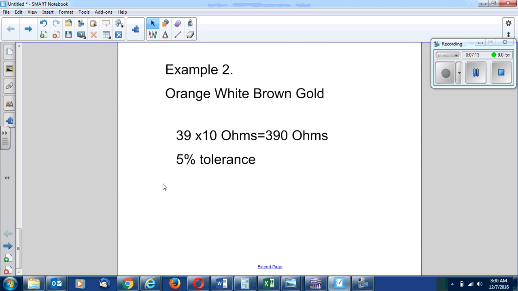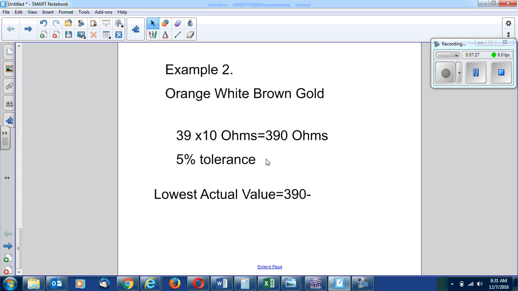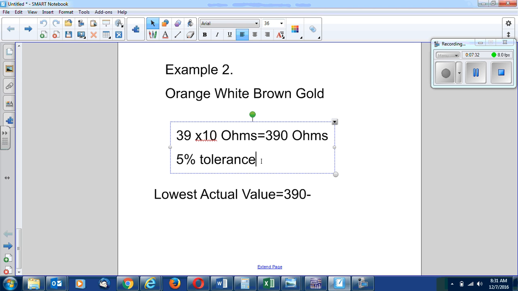All right, so now let's compute the actual region. The lowest actual value is going to be 390 minus 5% of 390. Now what is 5% of 390? You can use your calculator to calculate this, or you can just use your mental arithmetic. That's perfectly fine. Usually I just go by mental arithmetic.